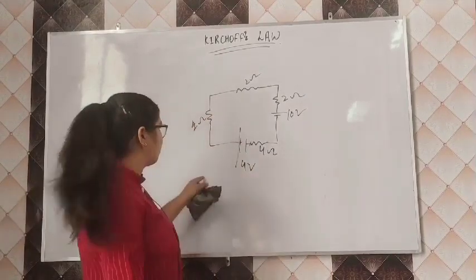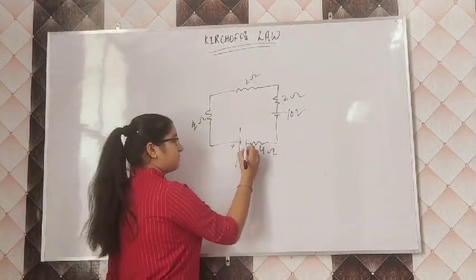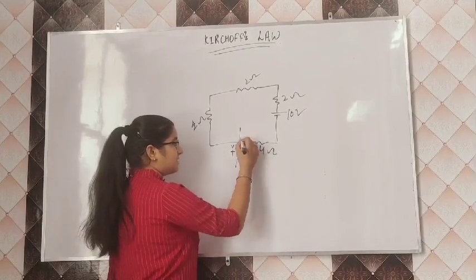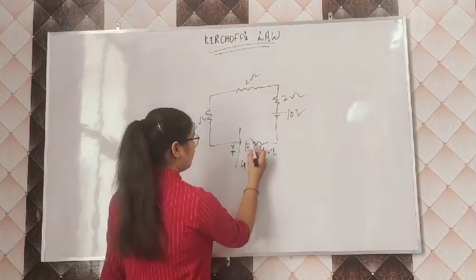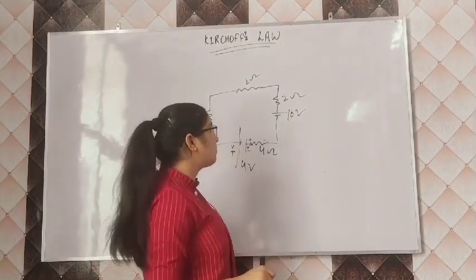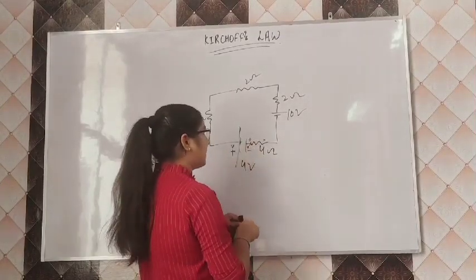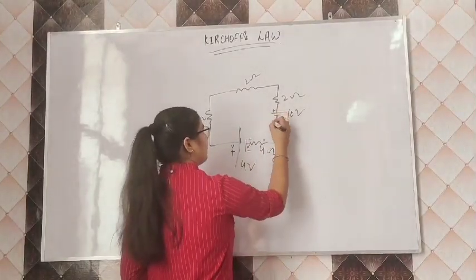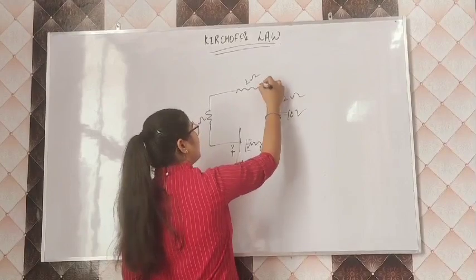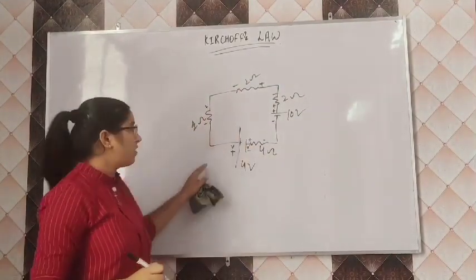Now we have to solve this circuit. So here potential drop will be V and here 0. As this is positive and this is negative terminal, so here it will be positive, negative. As we know, the current always flows from higher potential to lower potential. So here positive, here negative. Here positive, here negative, and you have to similarly consider the signs or the terminals.